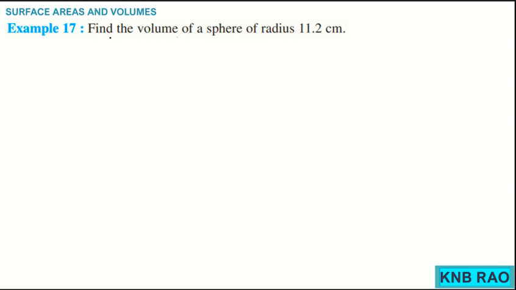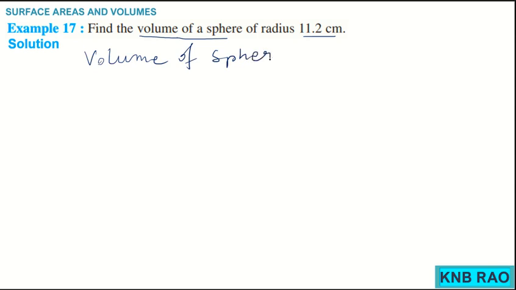This example asks you to find the volume of a sphere with a given radius 11.2 centimeter. See children, first of all, you know the formula to find the volume of a sphere. So, volume of a sphere is 4 by 3 times pi r cube.